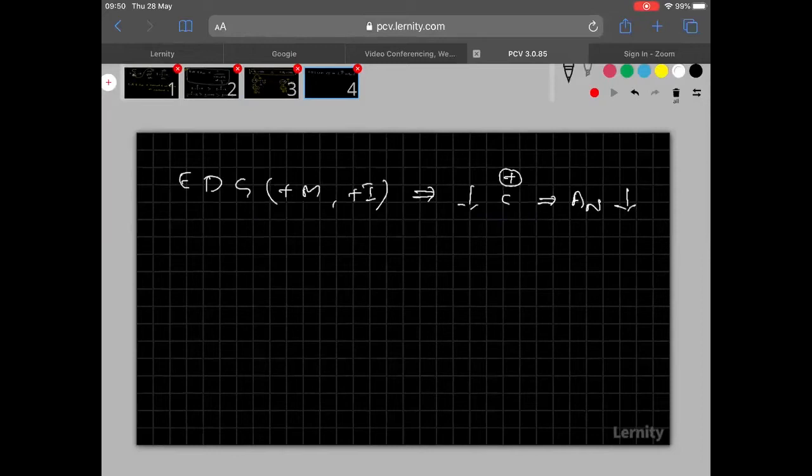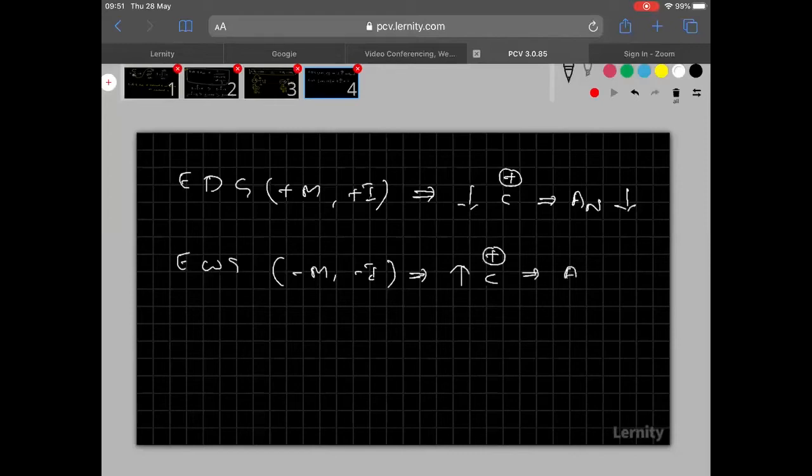Similarly, electron withdrawing groups like minus M and minus I increase the amount of positive charge on the carbonyl carbon.